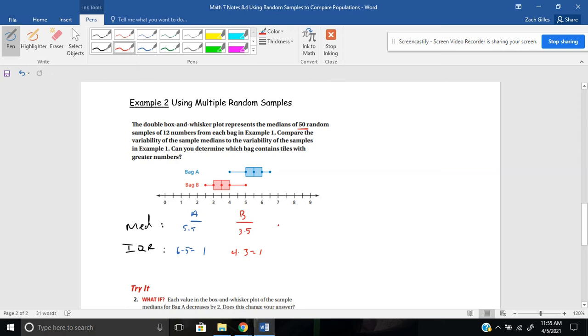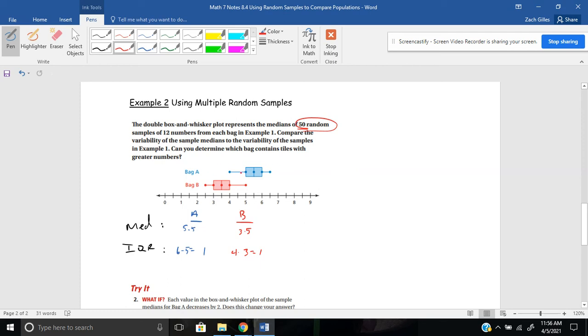And most of the sample medians for bag A are greater than the sample medians for B. So you see 5.5 to 3.5. It looks like this is a lot further to the right. The tiles in bag A, I would say, generally have larger numbers than the tiles in bag B. And this time we have enough. We have 50 random samples, which is definitely higher than 30. That's good.